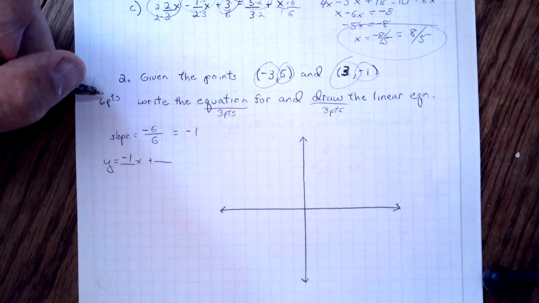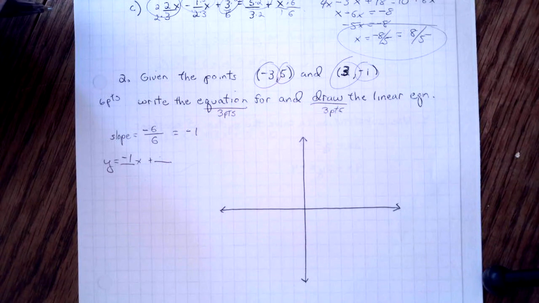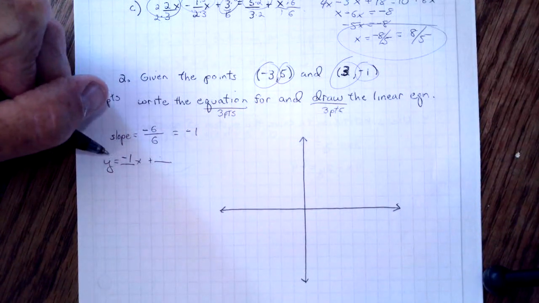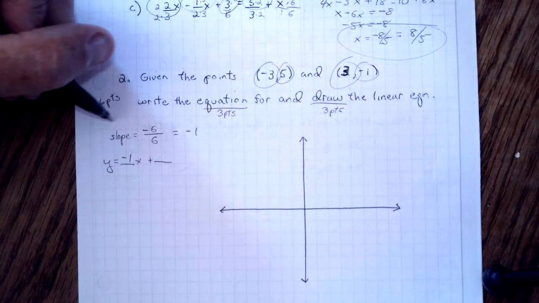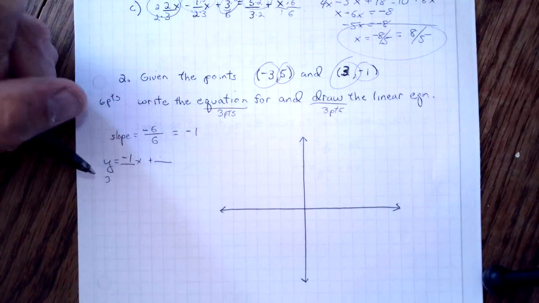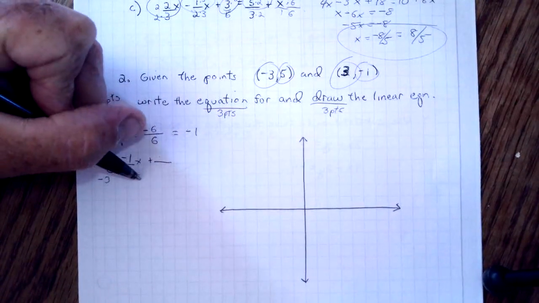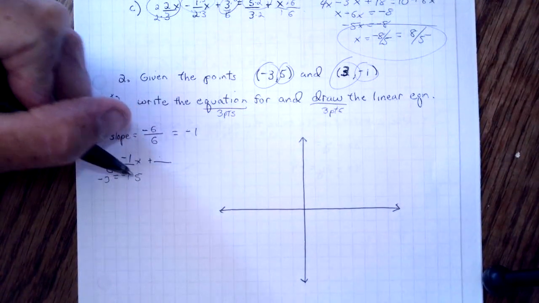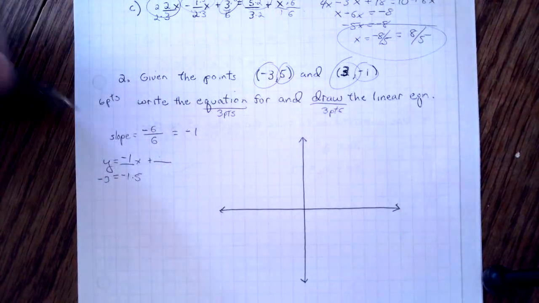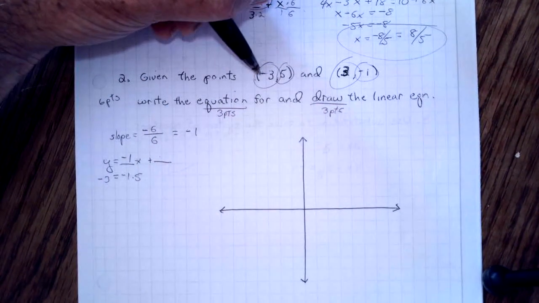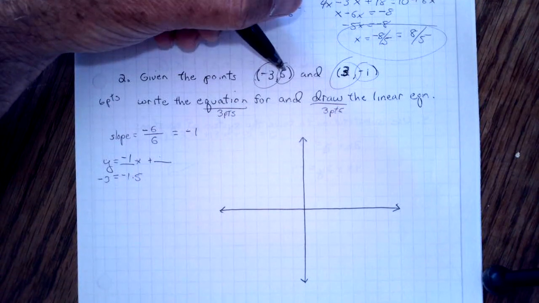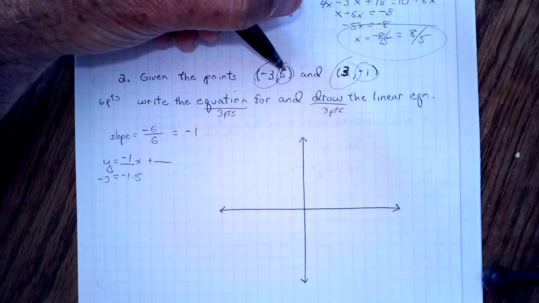So I'm going to pick one of the numbers. I'm going to pick -3 and 5 as my x and my y. That's the first one up here. -3 is x, 5 is y.